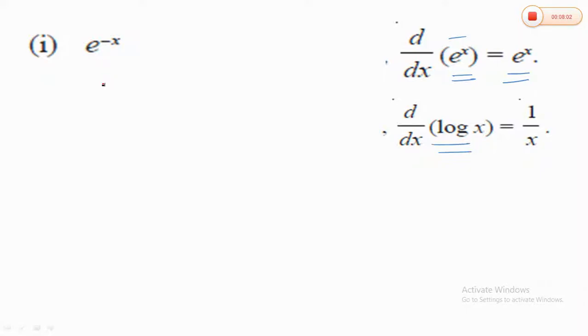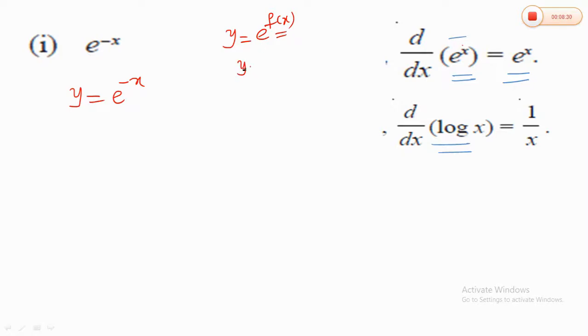So e raised to minus x. Write y equal to e raised to minus x. Observe here. You know the derivative of e raised to x is equal to e raised to x. Other than x, think that it is e raised to f(x). So suppose y equal to e raised to f(x), that is a composite function. Here other than x is there, therefore treat it as a composite function.